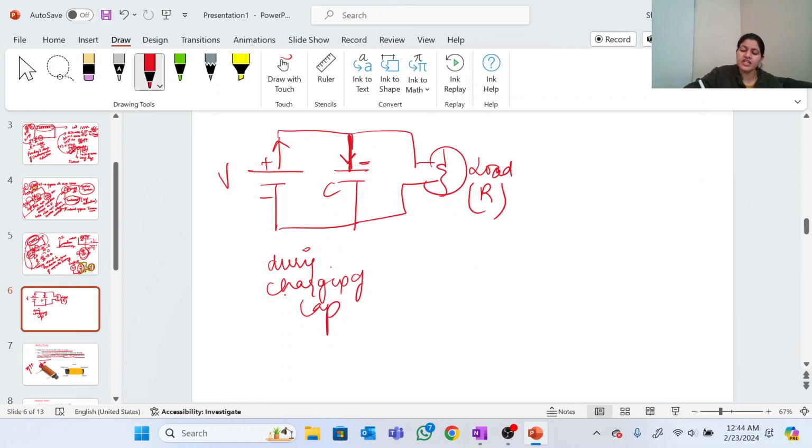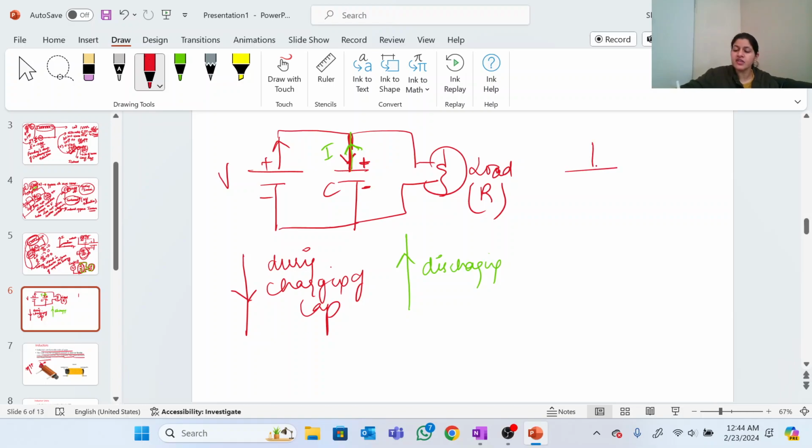When the capacitor is fully charged, this becomes positive and this becomes negative, and now when it wants to discharge, the current direction is opposite, right? So the direction was like this during charging and like this during discharging. So we got to know that there is always a change in the direction of current in the case of a capacitor. Why so? Because a capacitor does not allow a sudden change in voltage, and therefore while discharging it is trying to change its current, right?